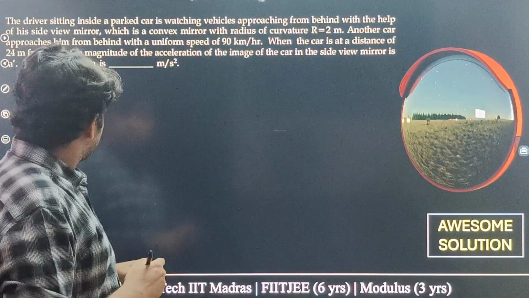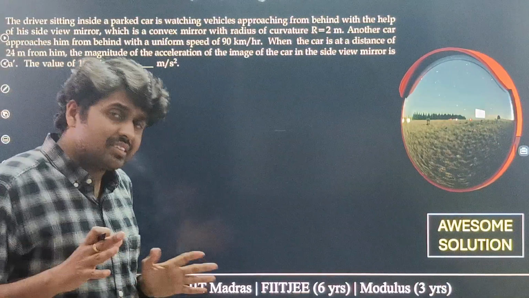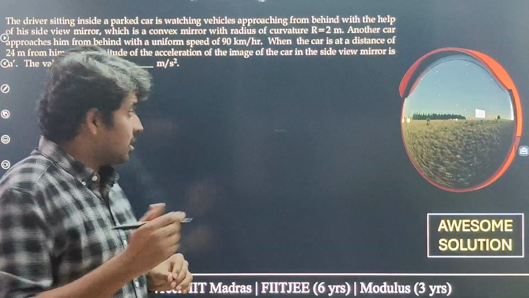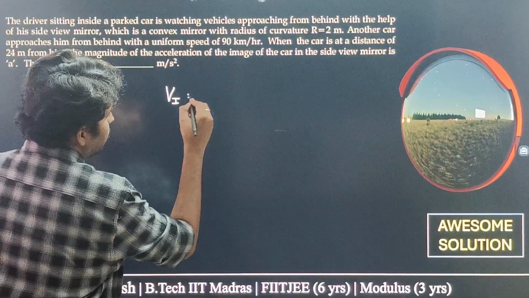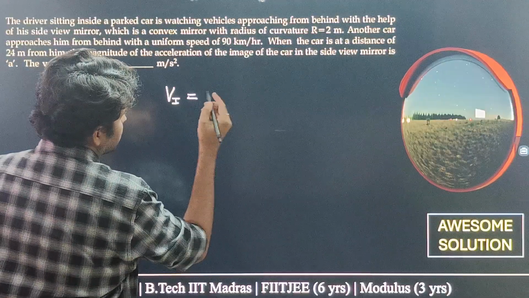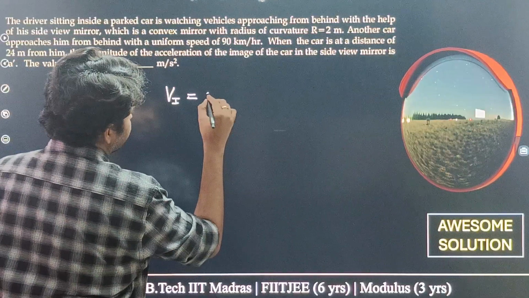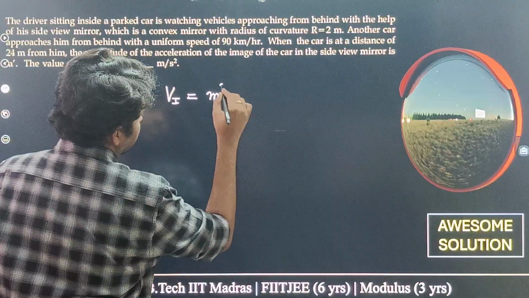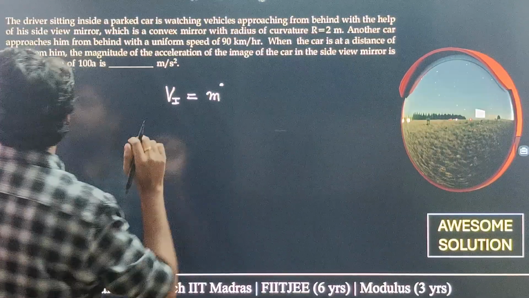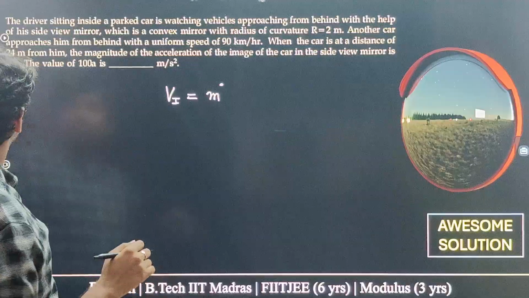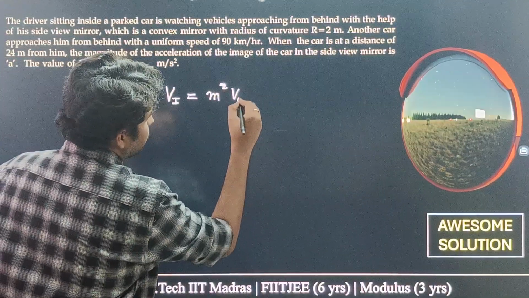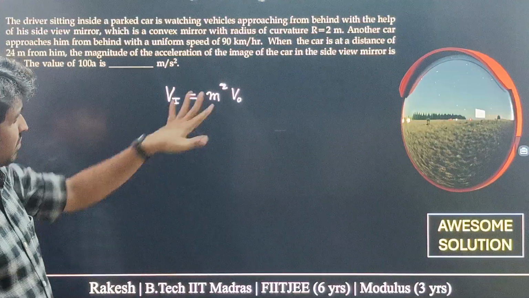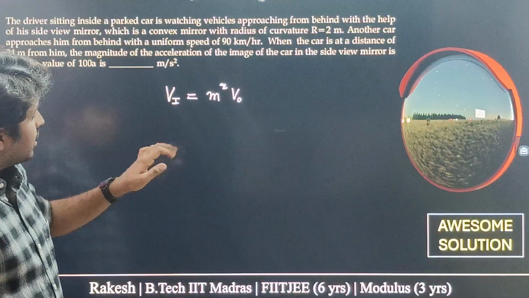We have already seen the formula in the class that velocity of image equals m square times velocity of object. This is the magnitude, there is a minus sign here.